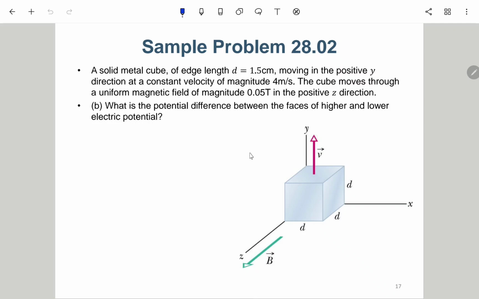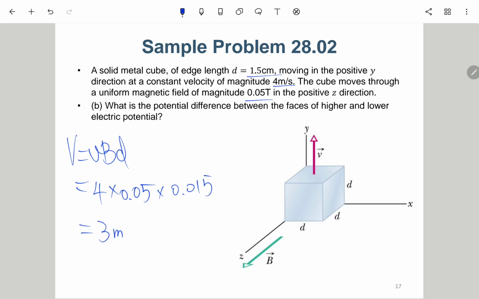Okay, so for question B, what is the potential difference between the faces of high and low electric potential? So we just make use of V equals small v times B times D. Here we already know v is 4, B is 0.05 Tesla, and D is 1.5 centimeters, which is 0.015 meters. So this is nothing but 3 millivolts.